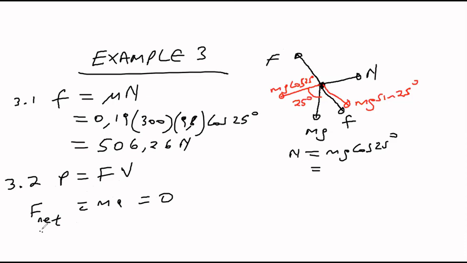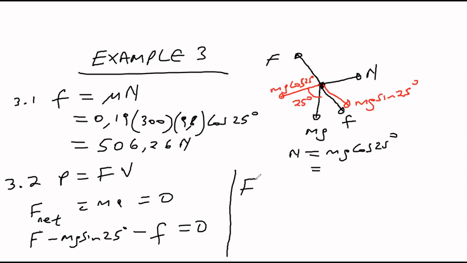Now we have F, which is the force applied by the motor, minus mg sine 25 degrees minus friction is equal to 0. Then we can take everything to the right.